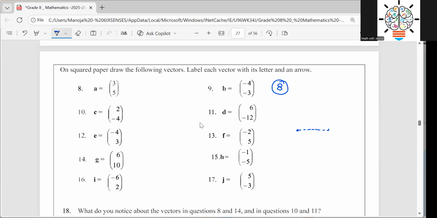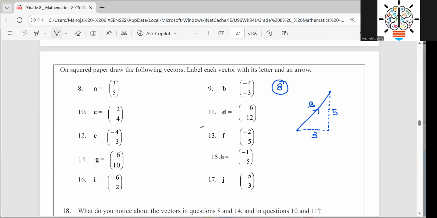Then you go up 1, 2, 3, 4, 5, right? Then you take the ruler and join them and write here. So this is A. And if needed, you can write here 3 and 5. You don't need to show anything else. This is how you are going to show.